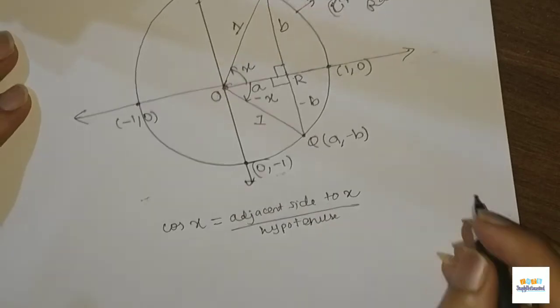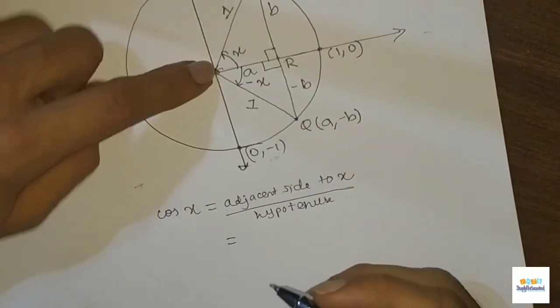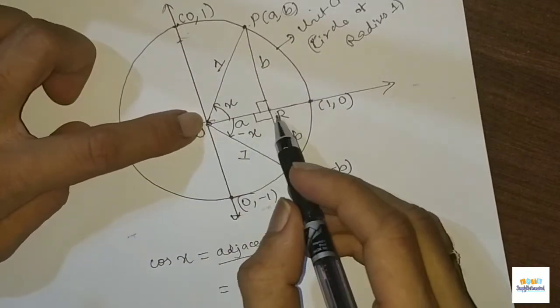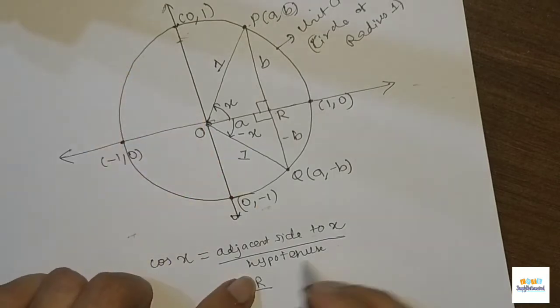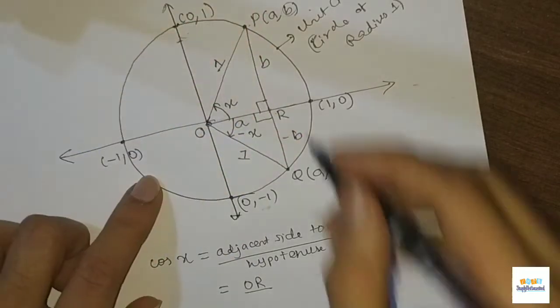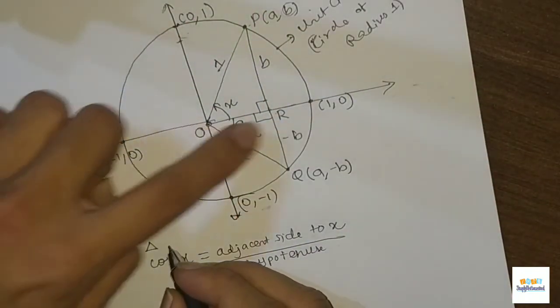This is the cos x formula. Adjacent side to x means the adjacent side to this angle x, that is OR. So we'll get OR here divided by the hypotenuse. Hypotenuse of this triangle, if we are looking at this angle, means we are looking at the triangle ORP.